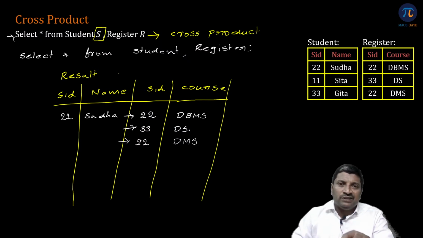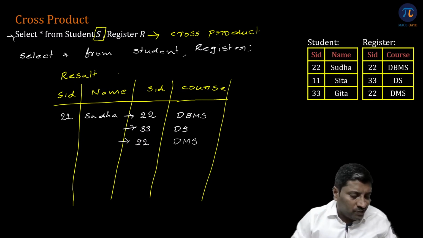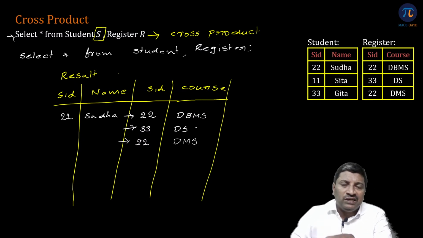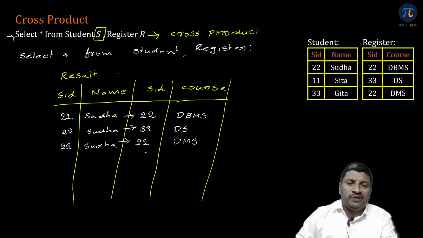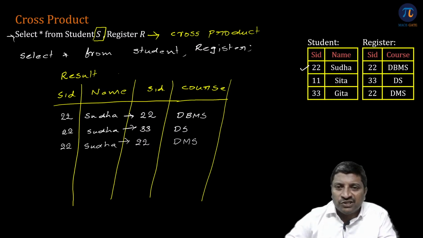So we considered the first record in the first relation and we are mapping that with each and every record of the second one. So we will write 22 Sudha 33 DS. Similarly, 22 Sudha 22 discrete maths. So we completed the first record.